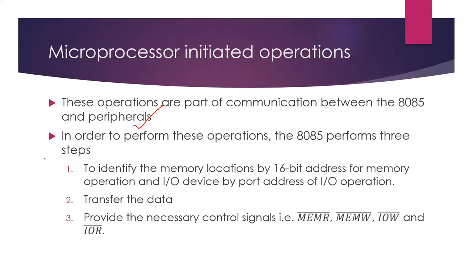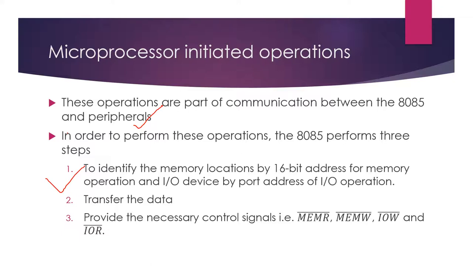Let us look at the first step: to identify the memory location. As you know, memory has many locations, and out of those, one location contains a certain opcode that is required by the 8085 microprocessor. So the microprocessor has to provide the exact address of that memory location.